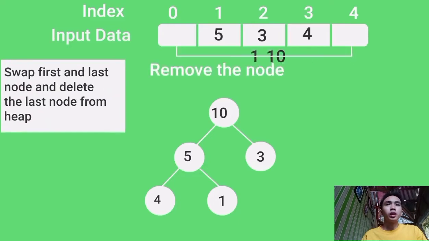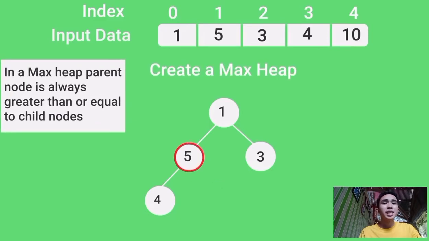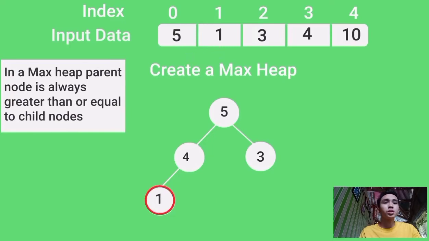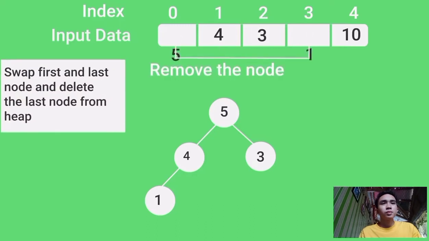Then remove the node: swap the first and last node and delete the last node from the heap. In a max heap, a parent node is always greater than or equal to the child nodes. Then 4, 1.